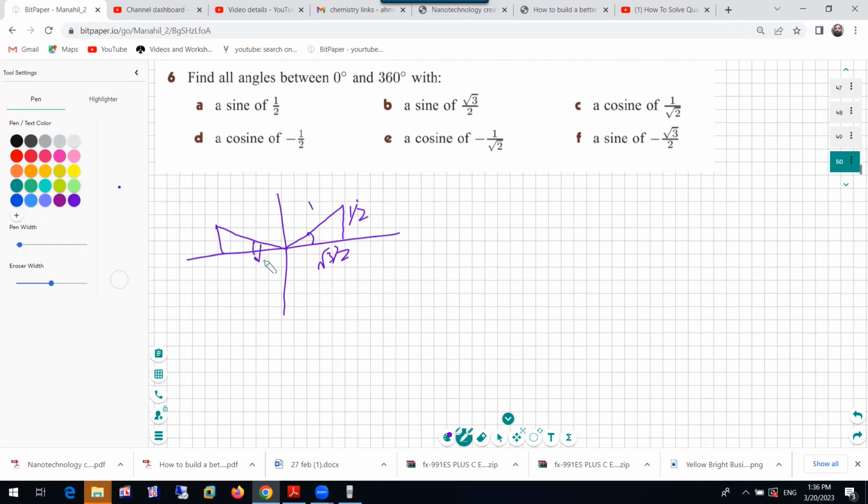This also has the 30 degree angle. So the angles will be: first is 30 degrees, second is this angle. In part A, we have two answers. First angle is 30 and the second angle is 180 minus 30, right?